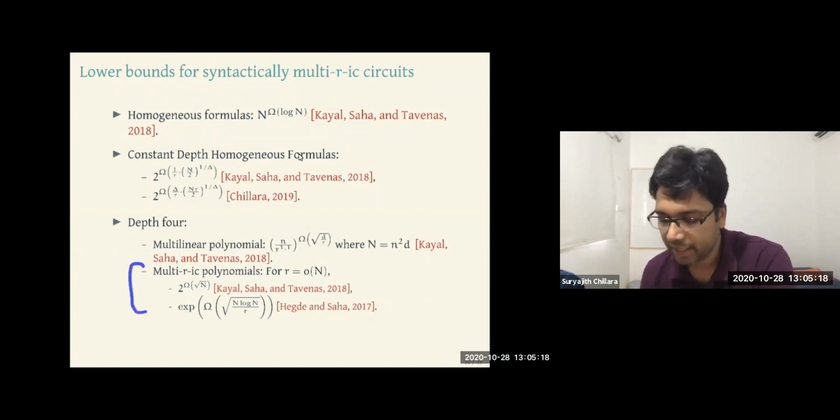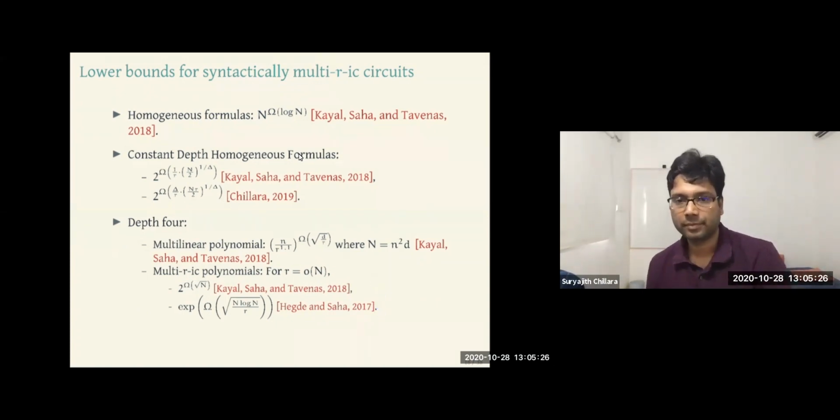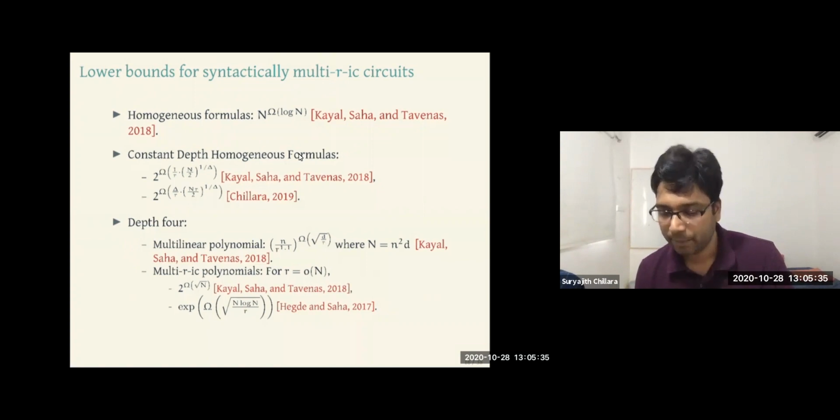I should also mention that if you're computing a multilinear polynomial by a syntactically multi-array circuit, then you have better lower bounds. But our focus in this talk is computing multilinear polynomials by syntactic multi-array circuits, and in particular of depth 4.